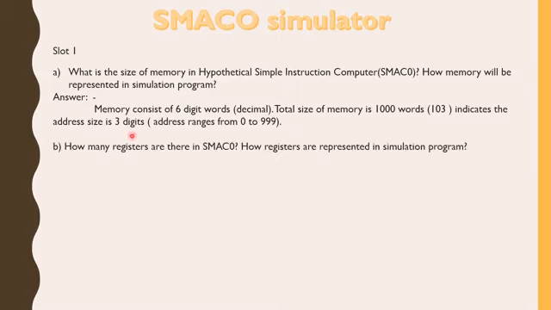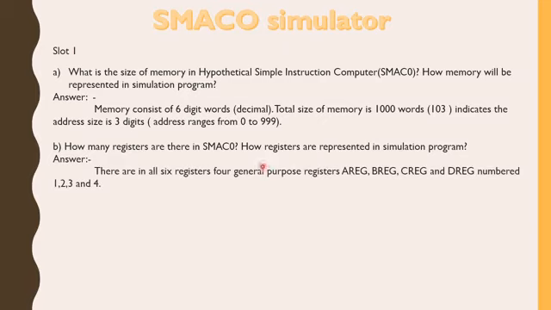Next, how many registers are there in your SMACO, and how are the registers represented in your simulator program? There are a total of 6 registers, out of which 4 are general purpose registers, that is A, B, C and D, and they will be numbered 1, 2, 3 and 4. So this is how they will be represented in your SMACO with these codes, the register operand.